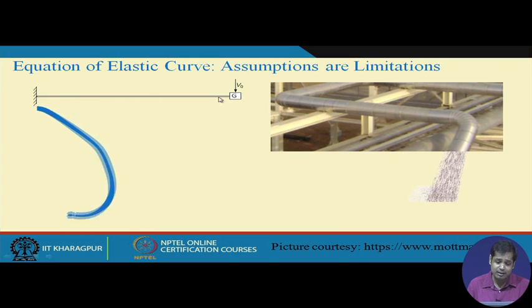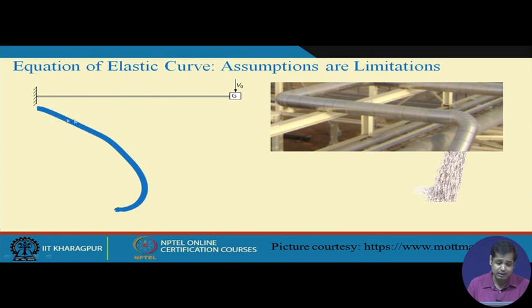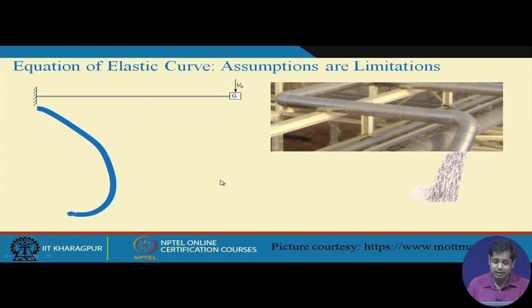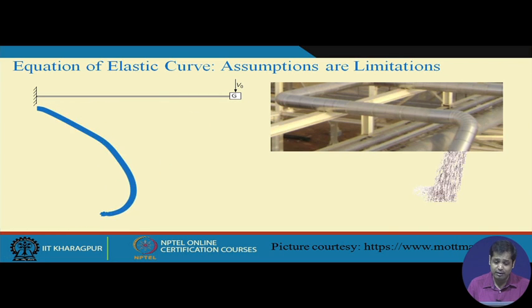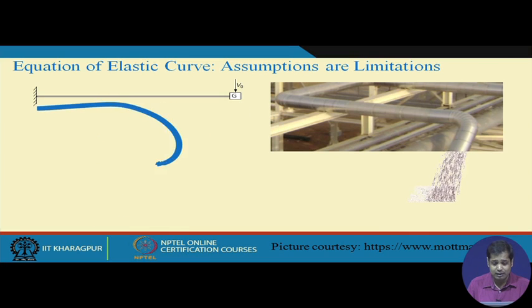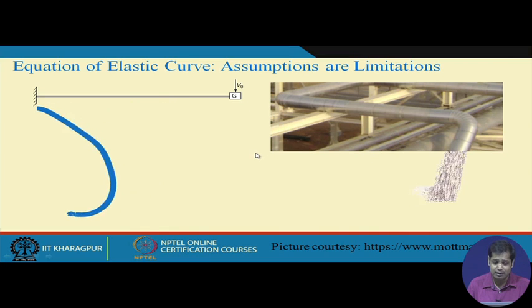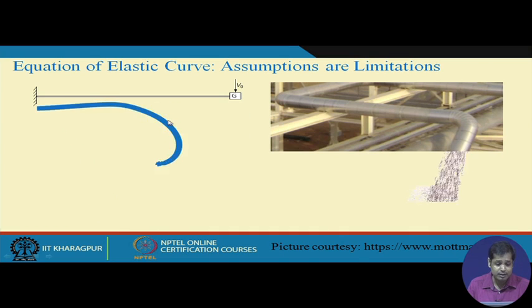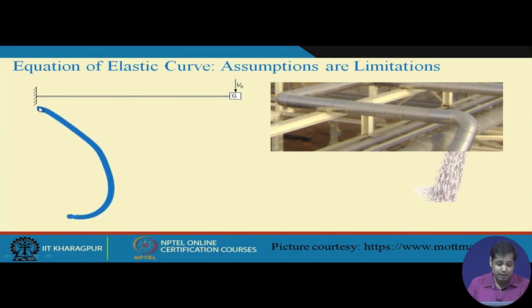In any civil engineering structure, we probably don't experience this kind of deformation. But as I said, the beam idealization is not just for civil engineering structures; it is used in many applications of mechanics.